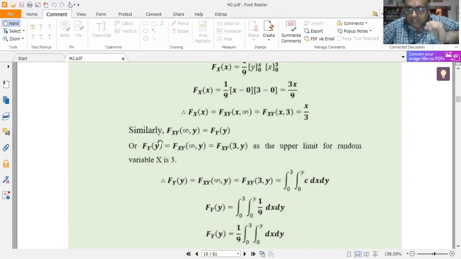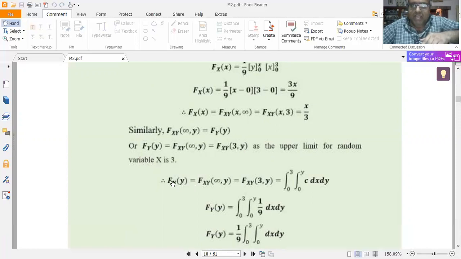This is the general definition. Now this needs to be replaced by the actual upper limit as per the given problem with respect to random variable x. By formula, Fxy of infinity comma y is equal to Fy of y. That is given by Fxy of 3 comma y, because the upper limit for random variable x is 3.